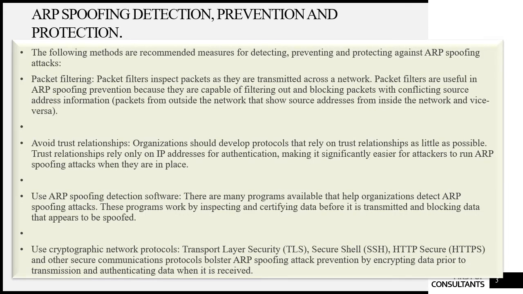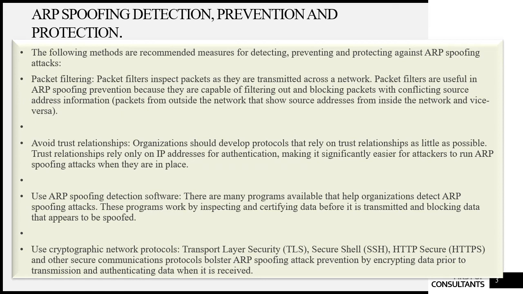ARP detection, prevention, and protection. The following methods are recommended measures for detecting, preventing, and protecting against ARP spoofing attacks. Packet filtering. Packet filters inspect packets as they are transmitted across a network. We have avoid trust relationships.